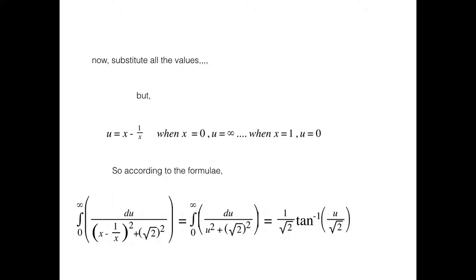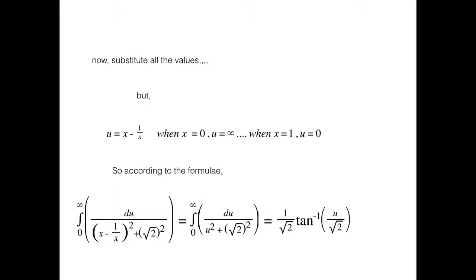And one more thing, you have to substitute the lower and upper limits of x to get the lower and upper limits of u, which I've done in line number 3. So according to the formulas, and using some basic ideas about integration and comparing it with the formula that I've shown you before, you'll get this term.